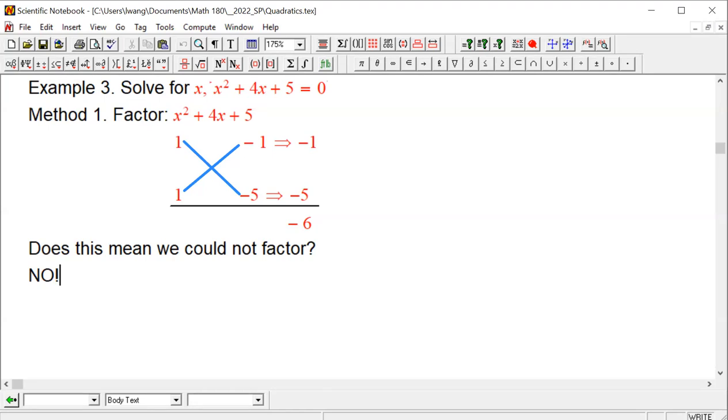Mathematical theory such as the fundamental theorem of algebra tells us this can be factored. It's just we cannot find factors in this way. That's all. But the factors do exist. But at this moment, we probably will give up the factoring method because factoring just makes it so difficult.